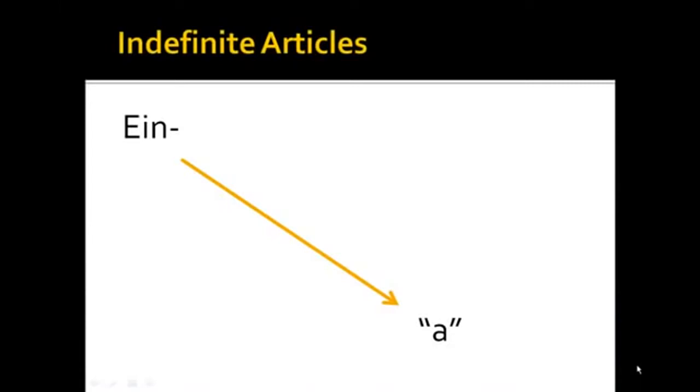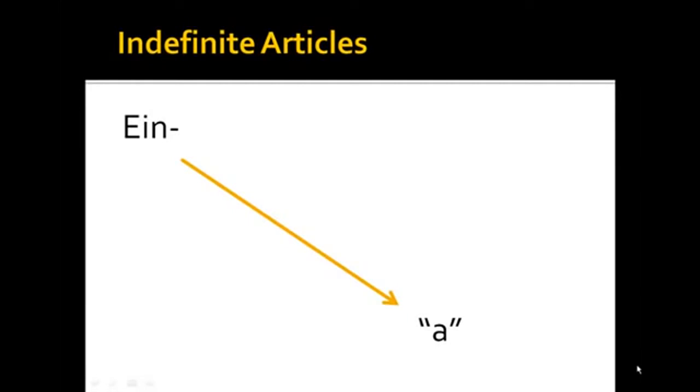So, what is an indefinite article? Well, in its basic form, an indefinite article is simply ein. It's analogous to the English a, as in a computer, a tree, a car. An indefinite article does not refer to a specific instance of a noun. I'm not talking about the tree, a specific tree.